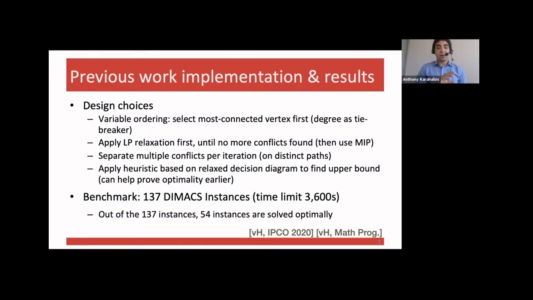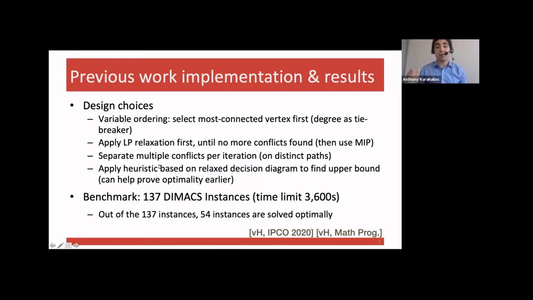So in this algorithm by van Hoeve, we have some decisions to make on what we want to do at each iteration. First, we need to decide what ordering we use for the variables in our decision diagram. Also, at each iteration, we're solving this MIP formulation. Do we want to solve the MIP or solve an LP relaxation and work with that solution?